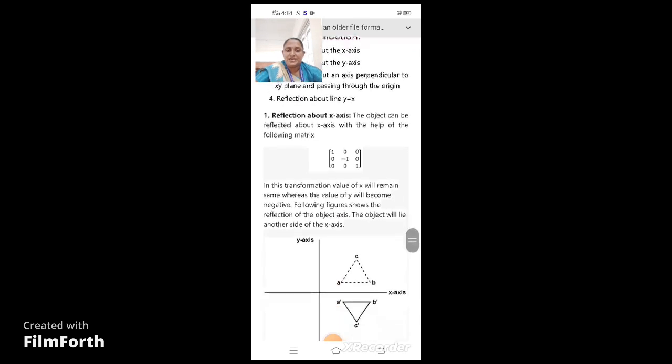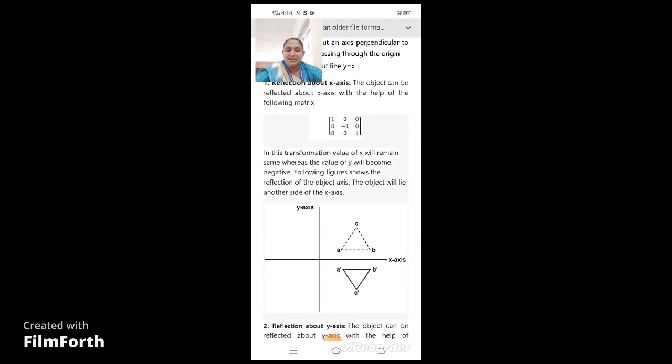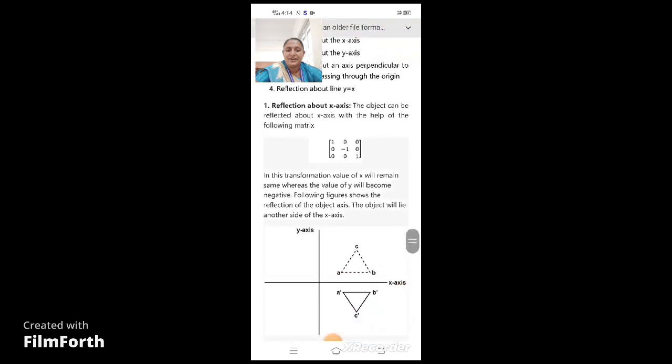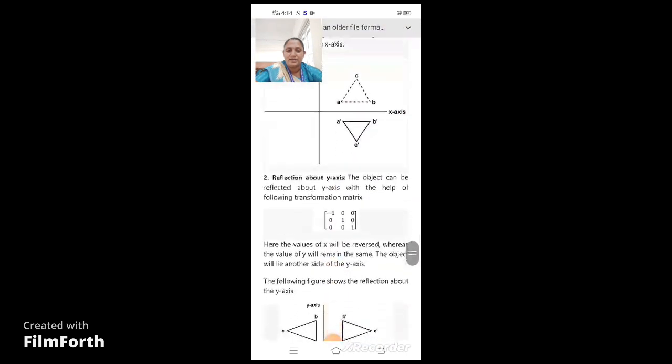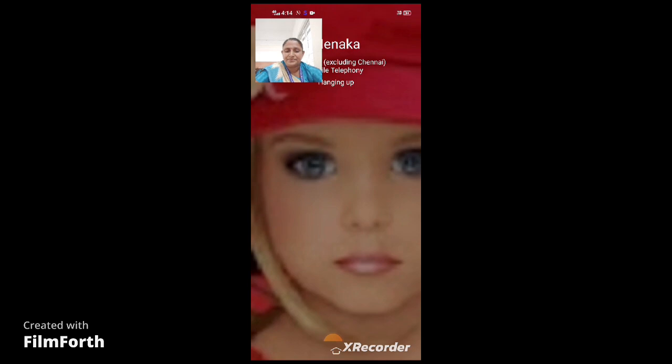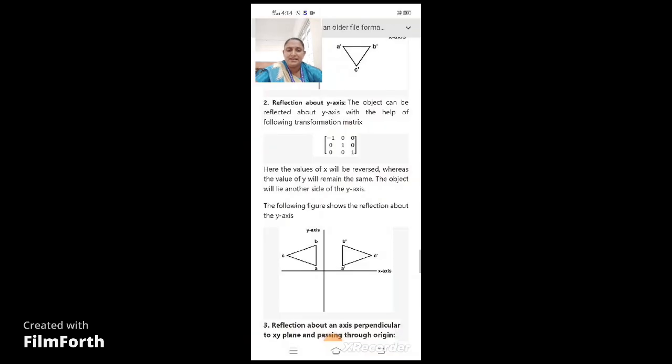First one is reflection about the x-axis. The object will be reflected about the x-axis. The reflected images are a1, b1, c1. Next one, about the y-axis, it will be reflected about the y-axis, that is a1, b1, c1.